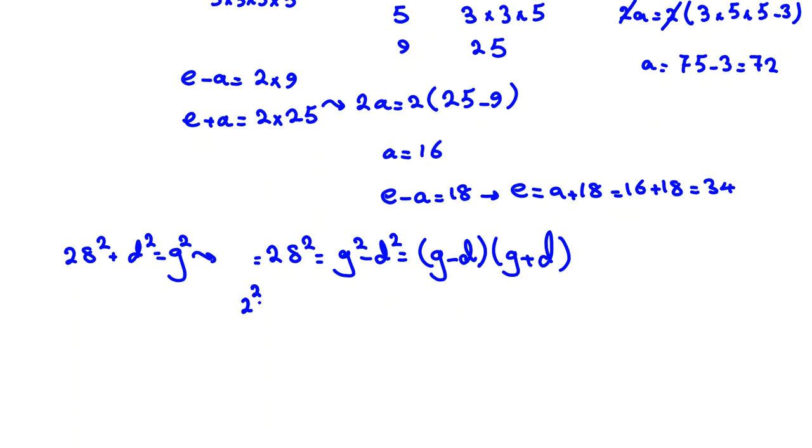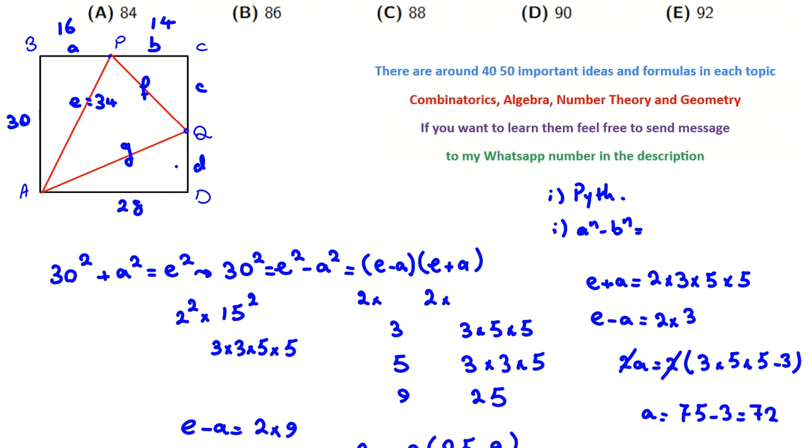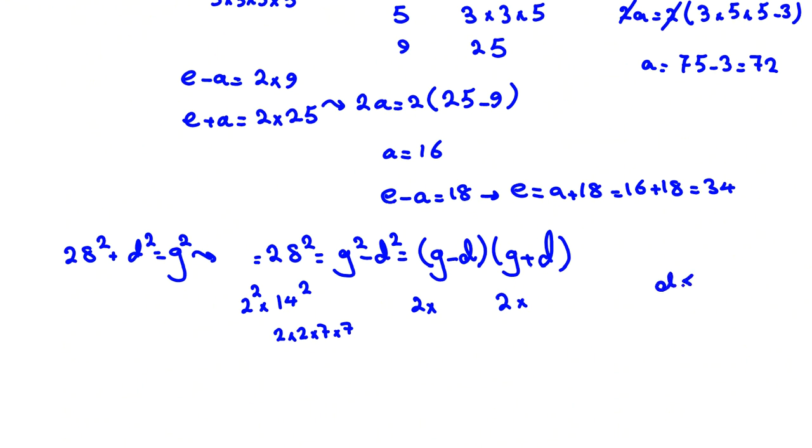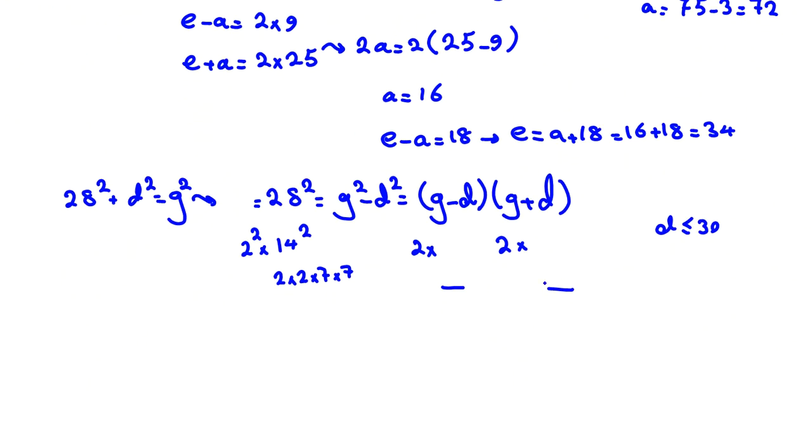Here it is 2 squared times 14 squared, and 14 squared is 2 times 2 times 7 times 7. So the first one is 2 times something, and the second is 2 times something. Again, the difference: we know d is at most 30, so the difference should be at most 30.